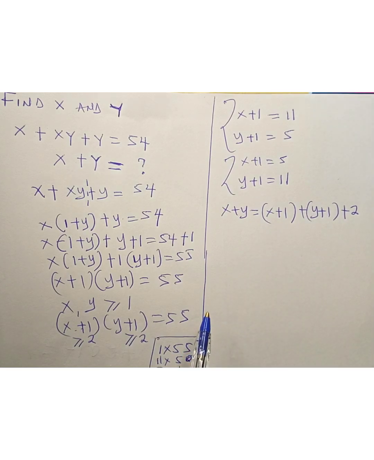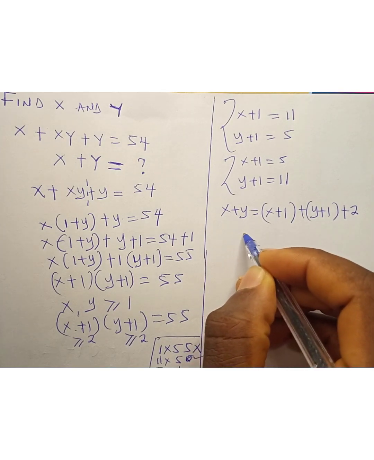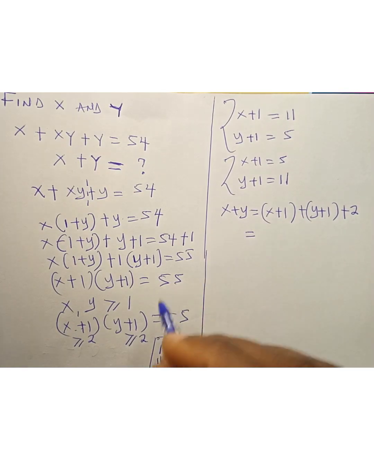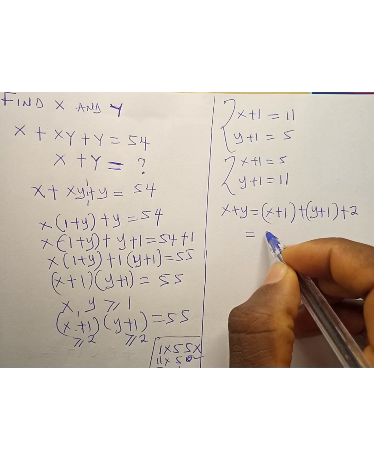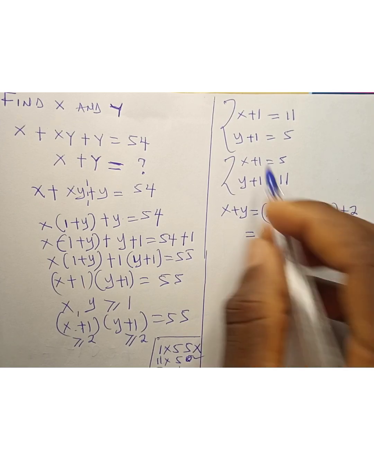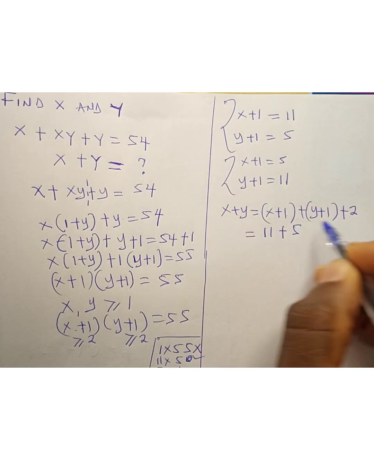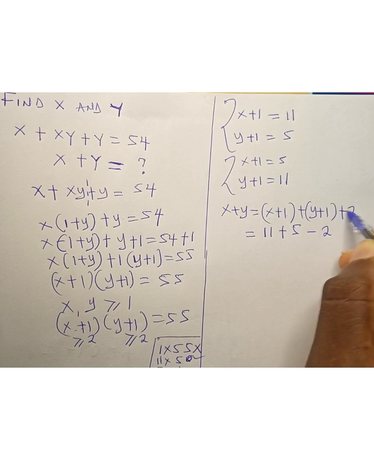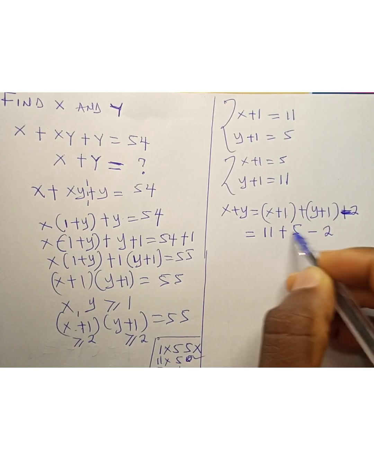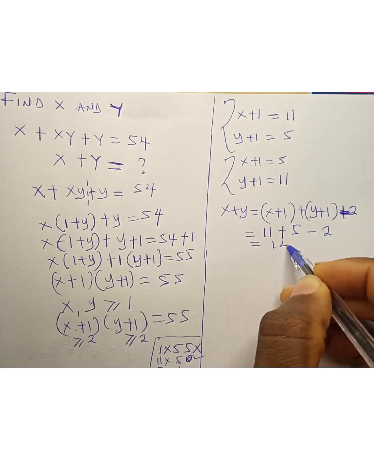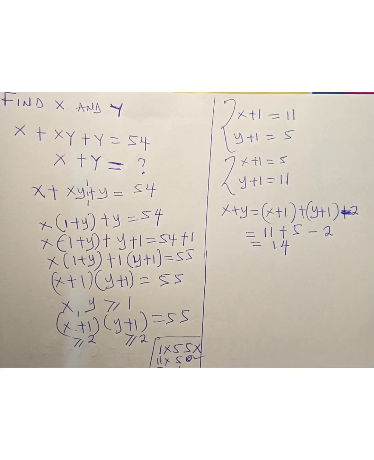From the first case, x plus 1 is 11, plus y plus 1 is 5, minus 2. That gives 16 minus 2, which equals 14.